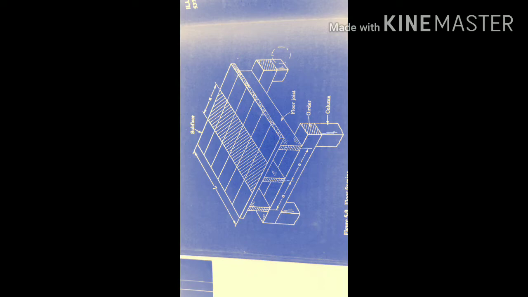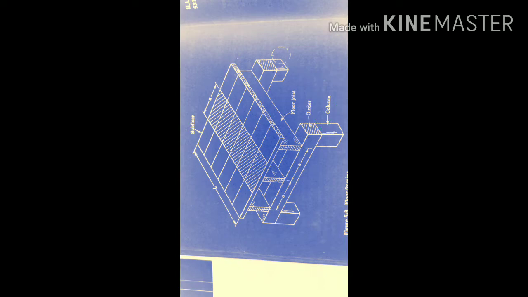Below it, you have the floor joist, also known as the floor beam, which typically supports your subfloor. Below the floor joist, we have what we call the girder. And below the girder is our column.